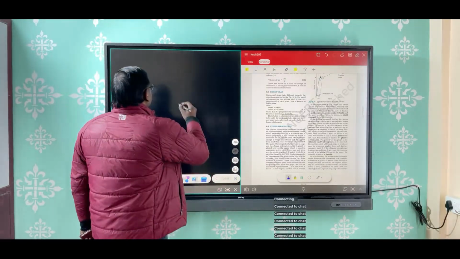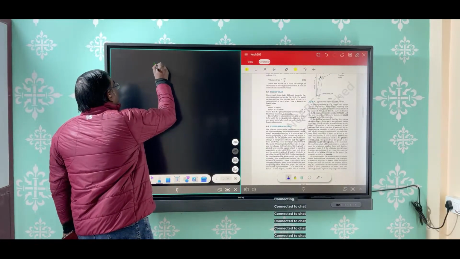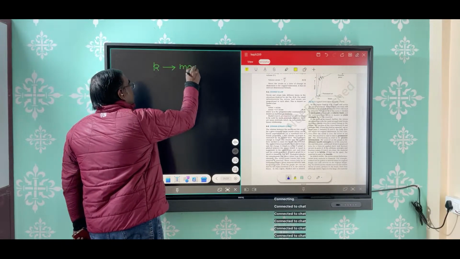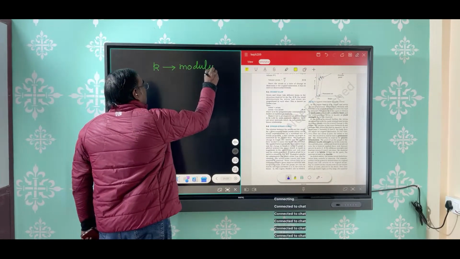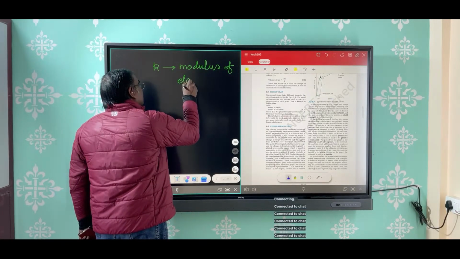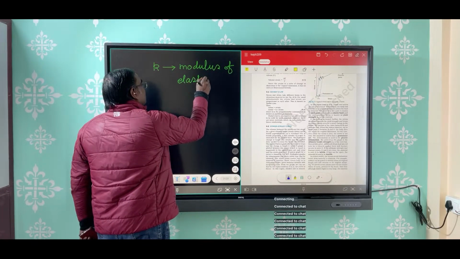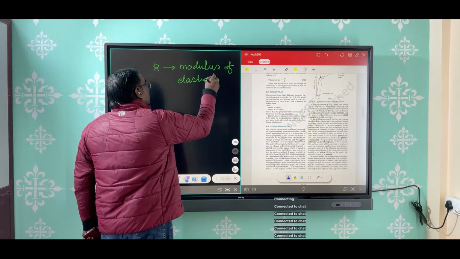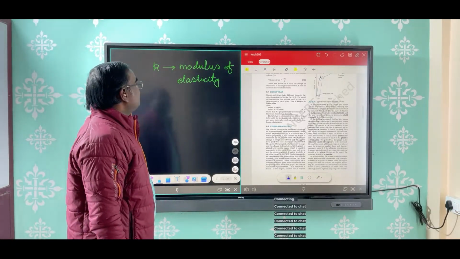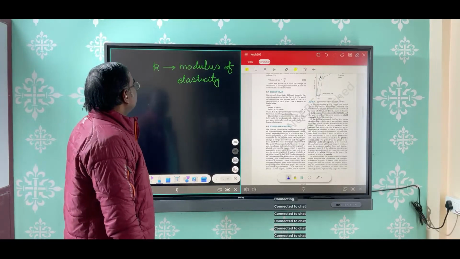So K is the modulus of elasticity. Please remember these terms. These are going to be frequently coming terms for this chapter and further topics.